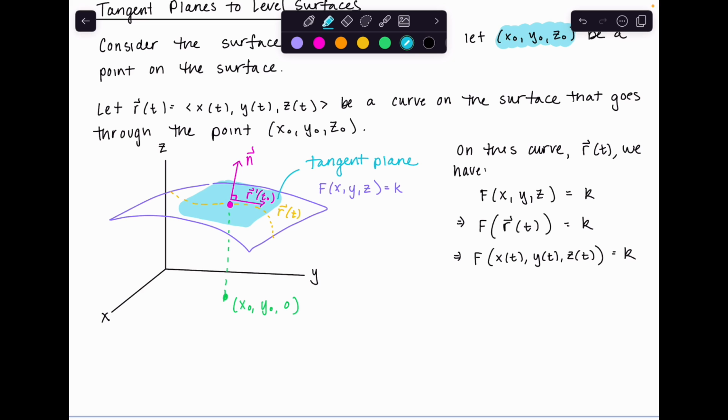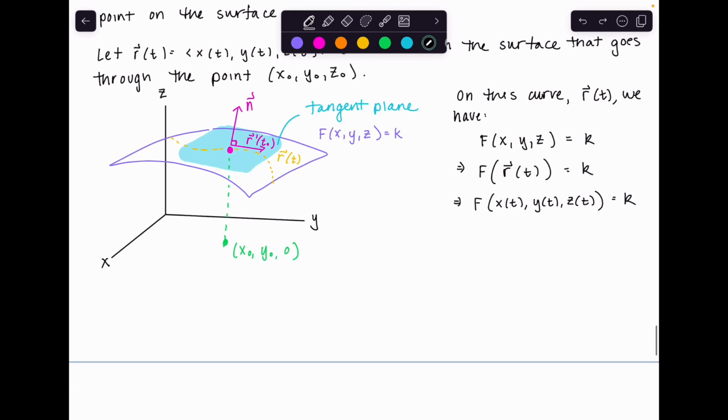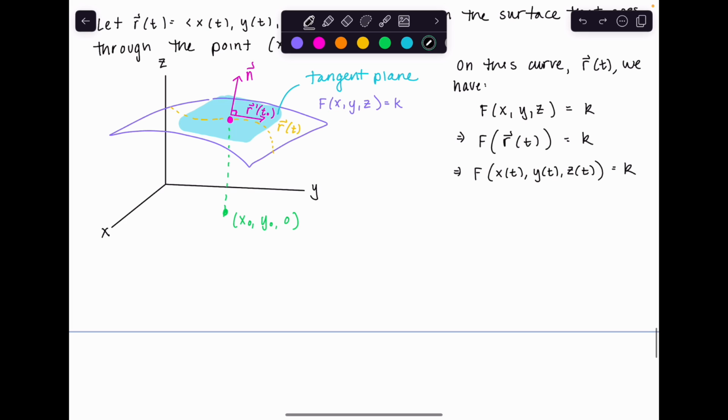And so if you look at this piece, what I can go ahead and do is take the derivative on both sides with respect to t. I need a little bit more room to do this, so I'm going to go down here.